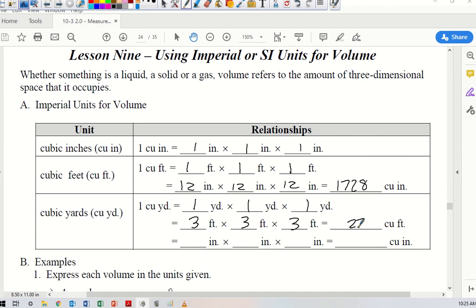We know if there's 3 feet here, that there's going to be 3 times 12, or 36 inches in that yard. So we can multiply 36 by 36 by 36. And if I could remember where I put my notes down, I'd be able to tell you what that is. Where did I put my notes?